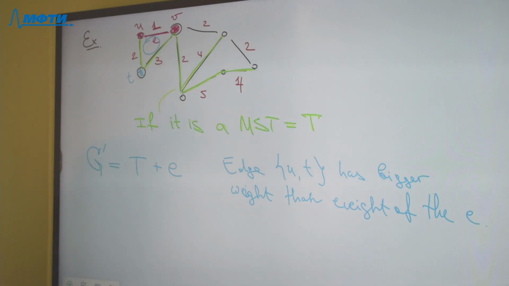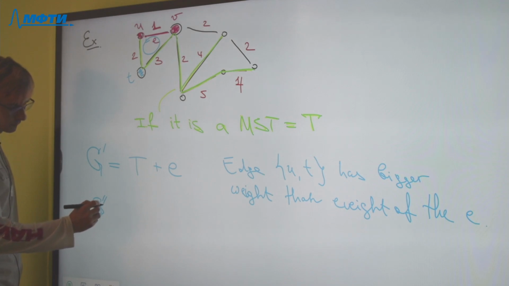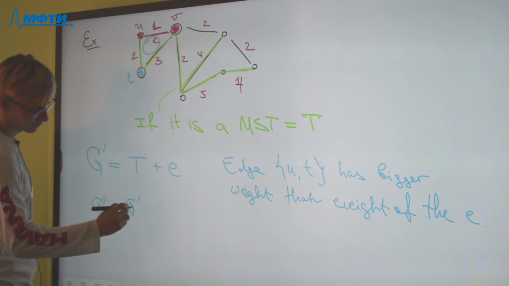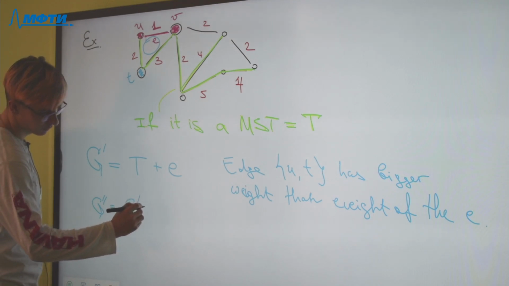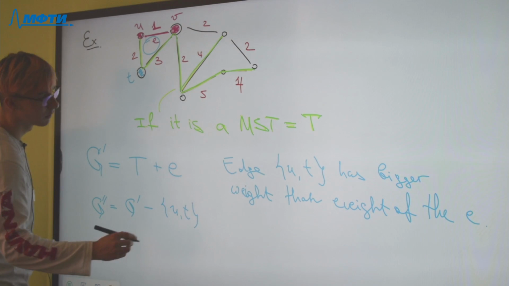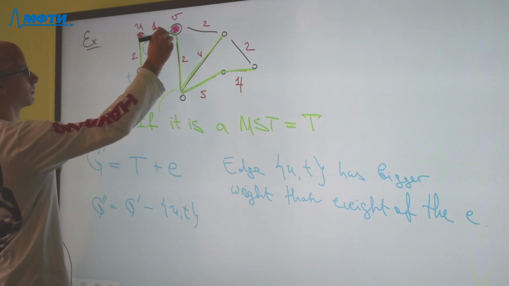So we say that if, for example, we remove edge UT, then we get G with 2 primes equal to G prime minus edge UT. Then we get a new minimal spanning tree.